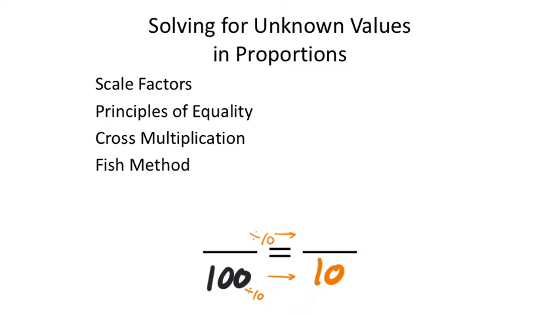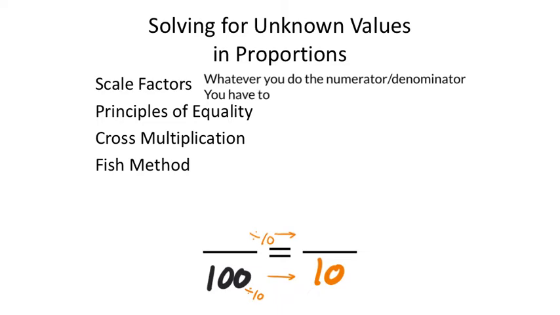So scale factors pretty much tell us whatever you do to the numerator or denominator, you're going to have to do to the other. Okay? Kind of like what we would expect with principles of equality, right?